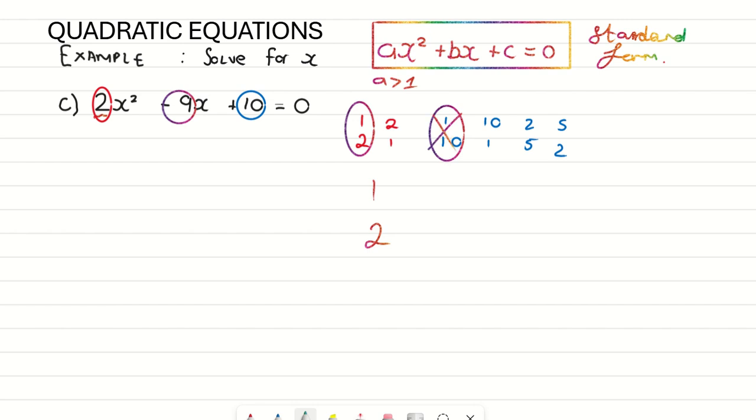Alright, and other values, but not 9. So 1 and 10 is excluded, let's check 10 and 1. 10 times 2 is 20, 1 times 1 is 1, 20 and 1 can't give us 9. So that's out. So it has to be one of these two. 2 times 2 is 4, 1 times 5 is 5, 4 and 5 can certainly give us minus 9. So I'm thinking that this is the winning pair.